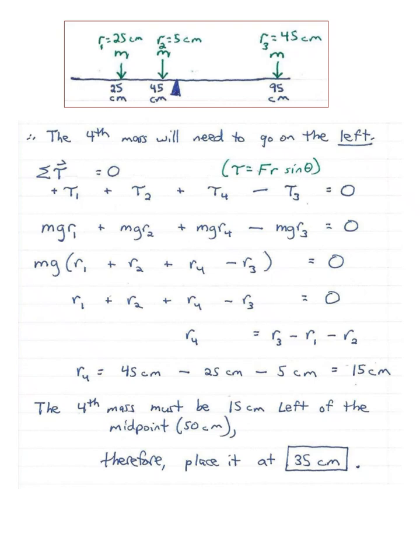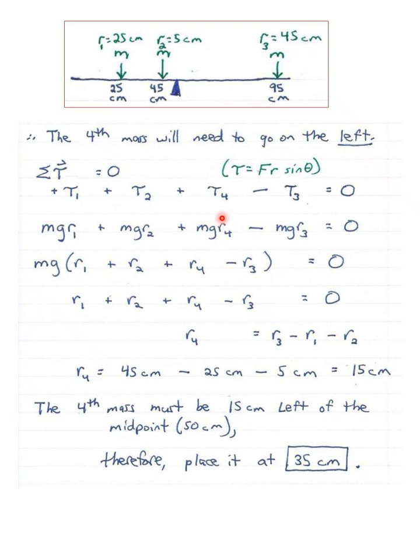The fourth mass will need to go on the left. And so let's set it up so that the net torque is going to be 0. So we have the torque from 1, and it's positive because it's pushing down in the positive direction, the counterclockwise direction, plus the torque from 2, plus the torque from 4.